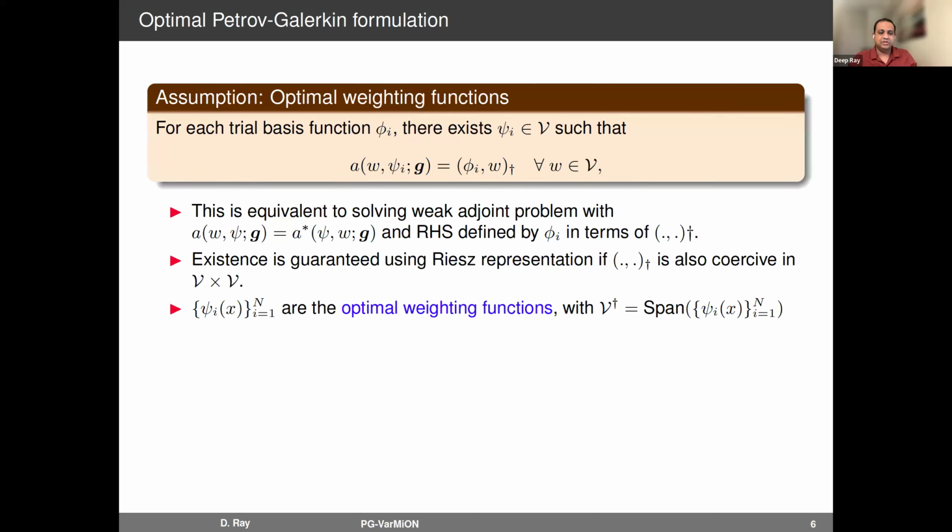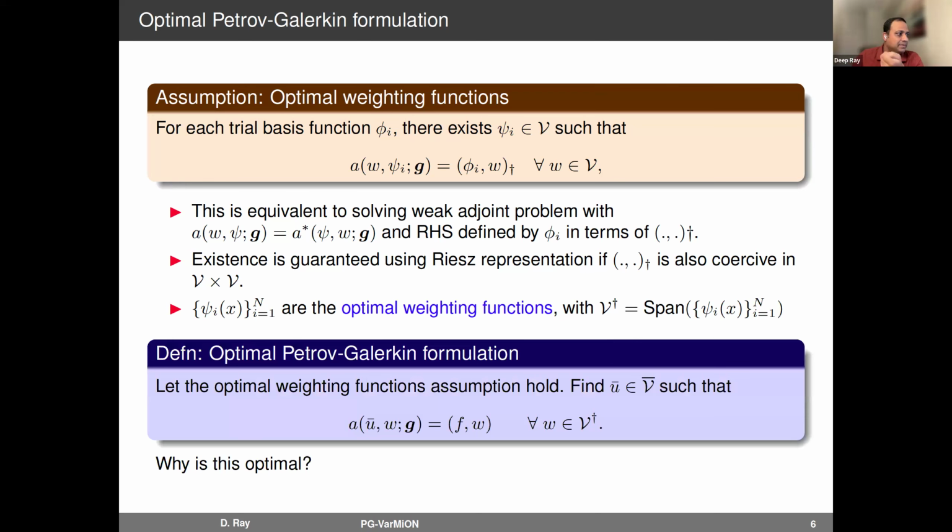So I have the original space V, I have the space V bar that is spanned by the trial basis, and I have this new space V dagger, which is also finite dimensional, which is spanned by these optimal weighting functions.